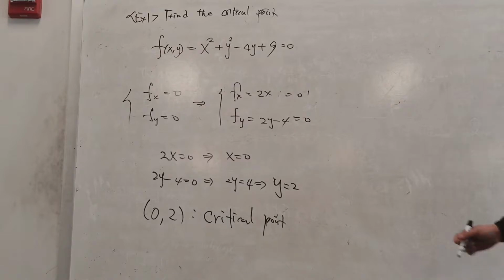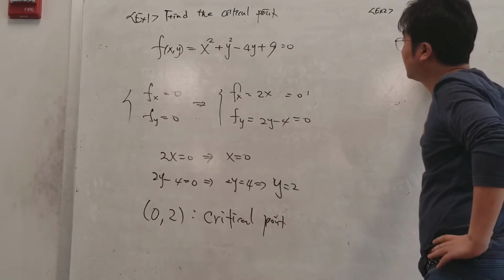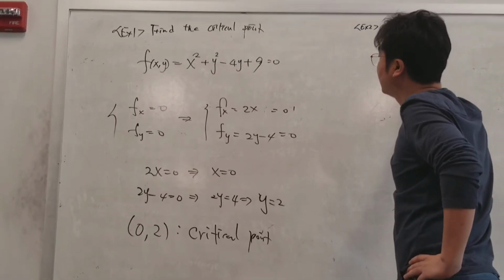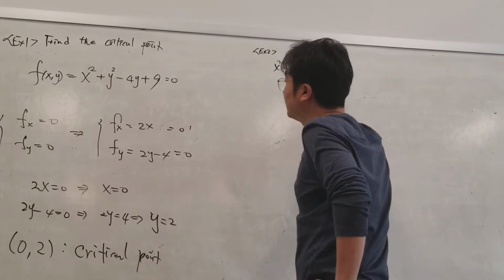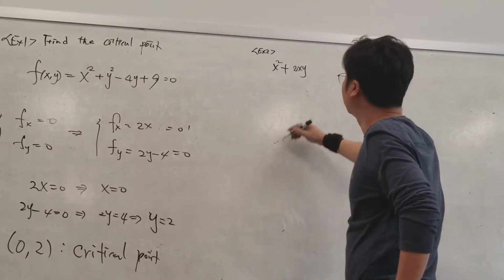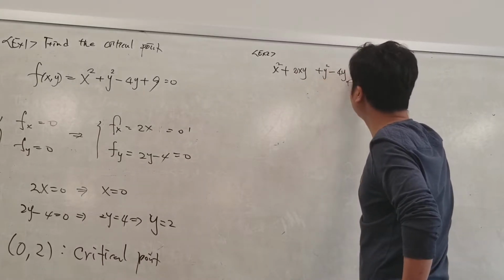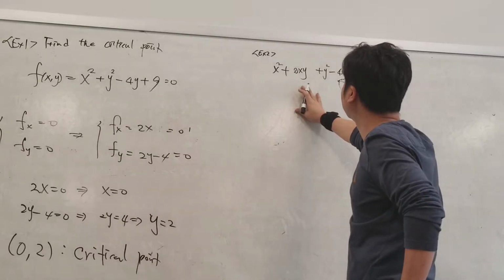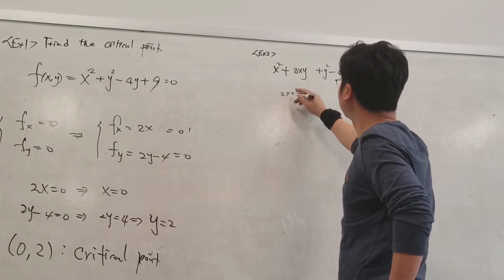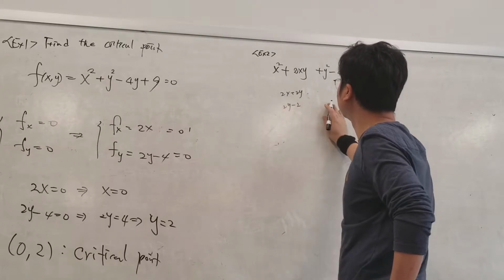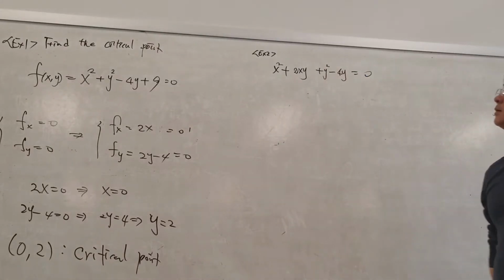Let me modify example 2. So let's say x squared plus xy plus y squared minus 4y, set equal to 0.